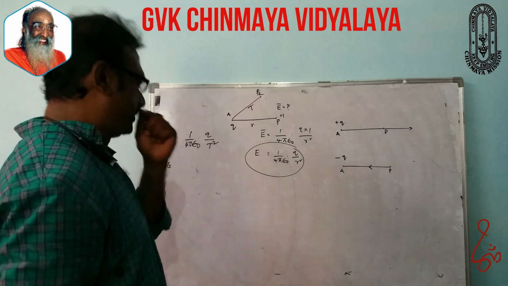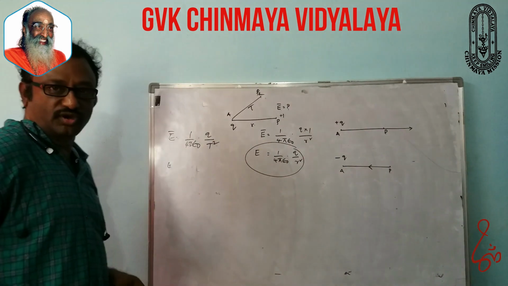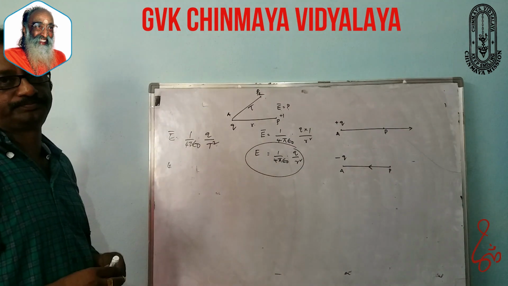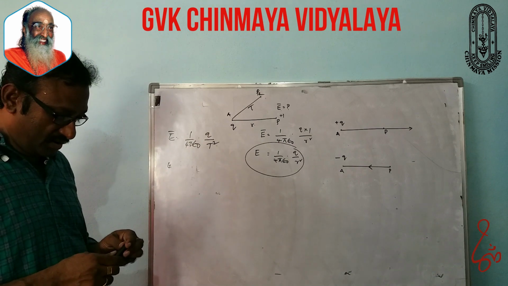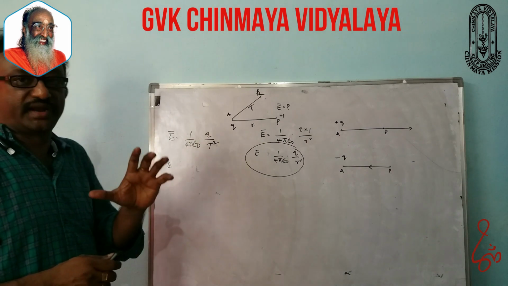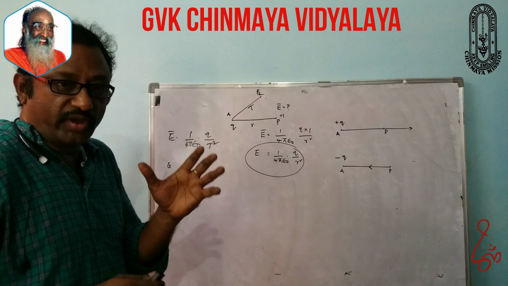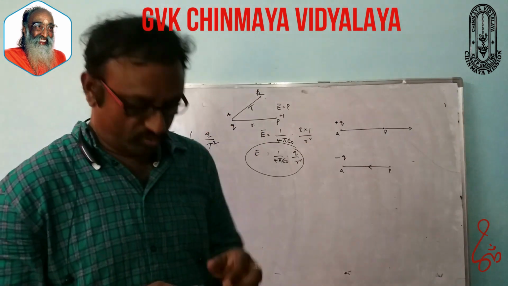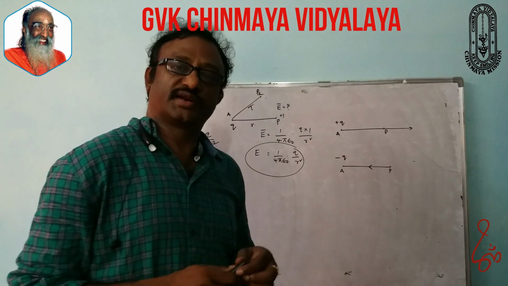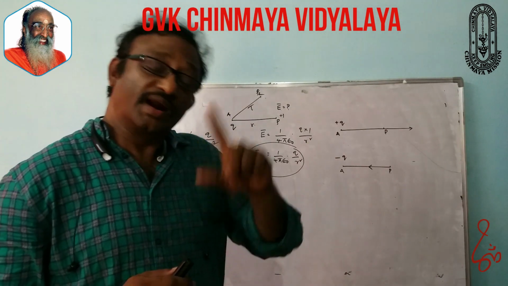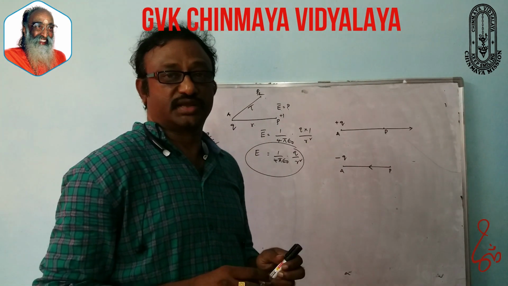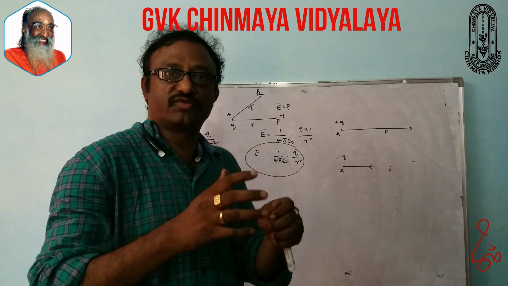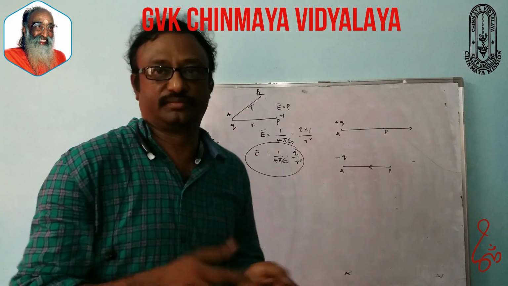Now, to understand the electric field, we have to understand electric lines of force. We can define electric field in another way also. It is the region or space up to which the lines of electric force are extended.